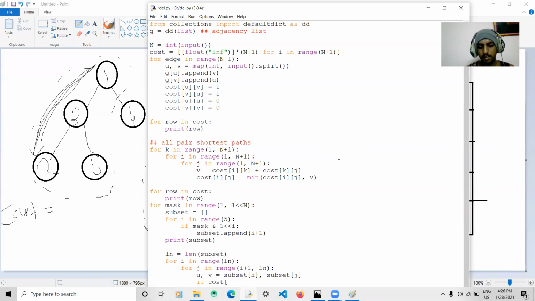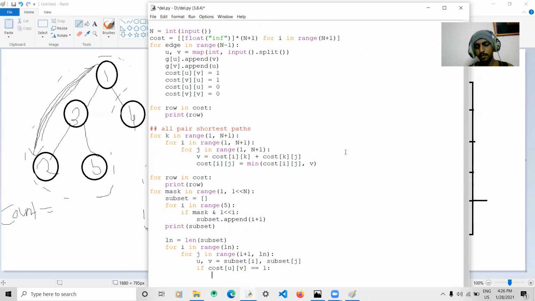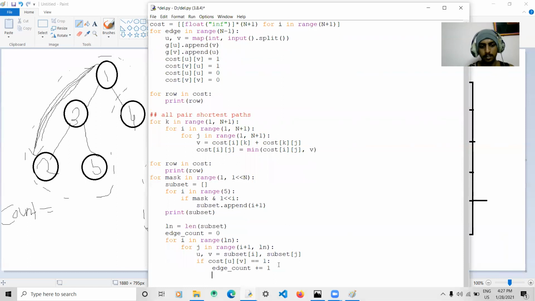So if cost uv is 1, it means this is an edge in the tree. Basically uv is an edge, like it was given when you got the input. So if this is an edge, you say edge count plus equals 1, and just maintain the edge count.